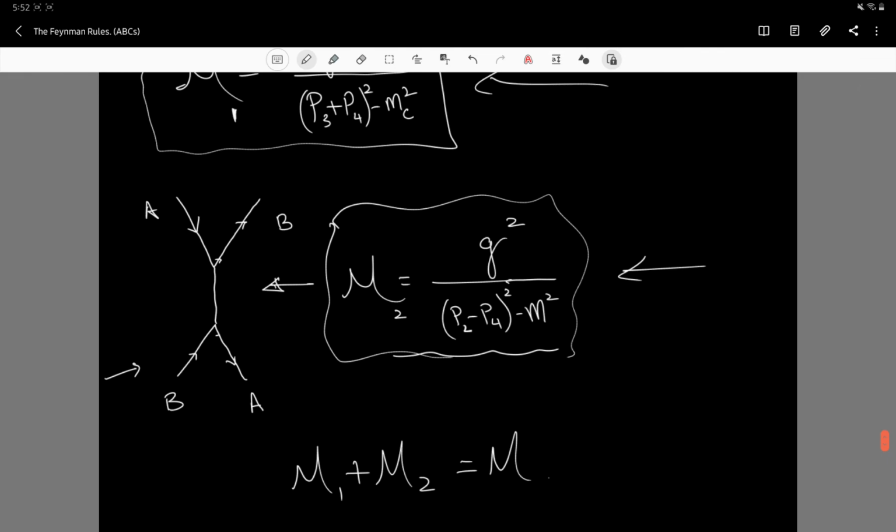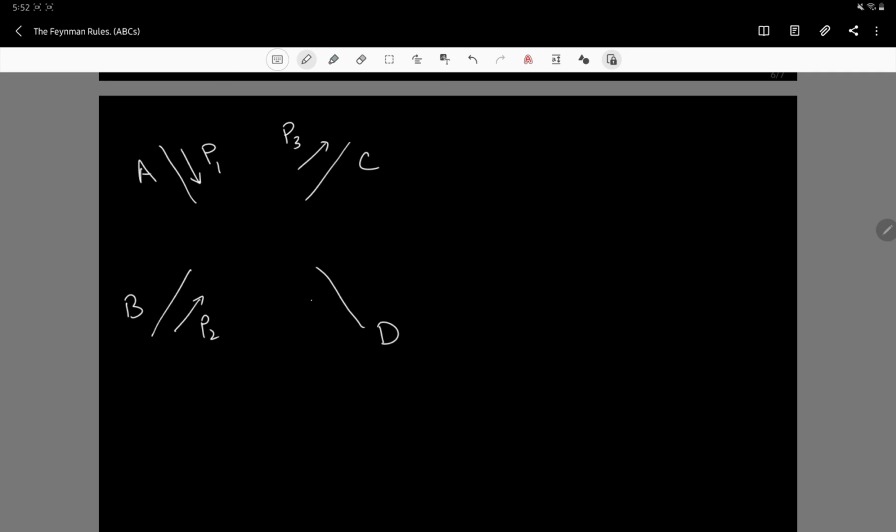So the point is that when you are evaluating these Feynman diagrams and you have to add these contributions, it is actually very helpful to start with all of the external labels first. So what I mean by that is you just draw these external lines like this, and you write A, B, C, and for example D over here, and you label these momenta like this: P1, P2, P3, P4.